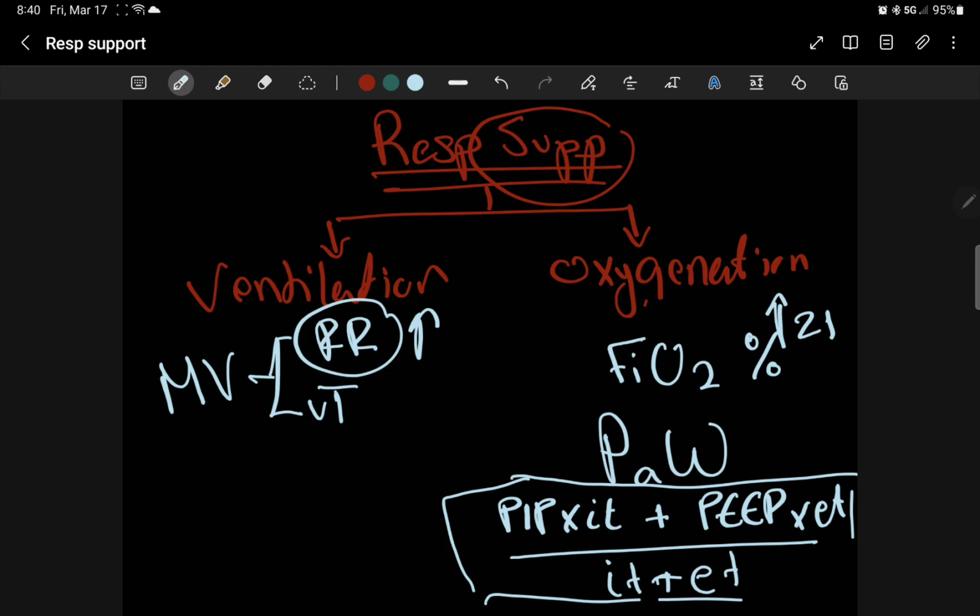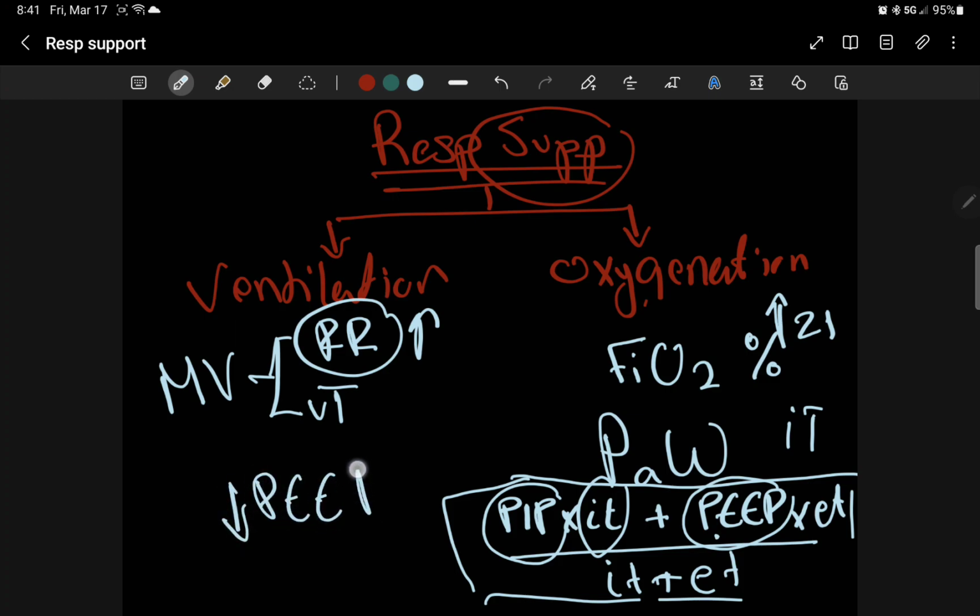Meaning that we usually will also see that if we want to help with oxygenation, we increase the I time, which is the inspiratory time. And you'll see that we increase the PEEP pressure. Or we can also increase the PIP. To help with ventilation, you'll be told we can increase the PIP, we can decrease the PEEP.